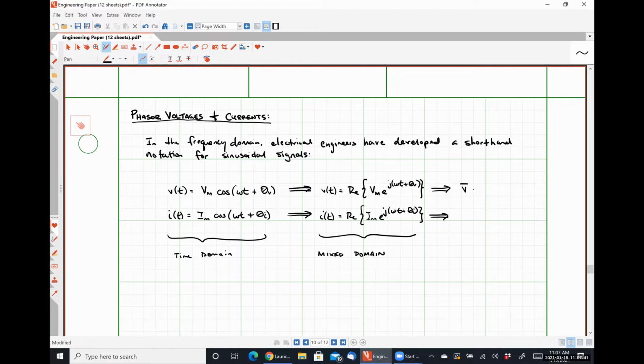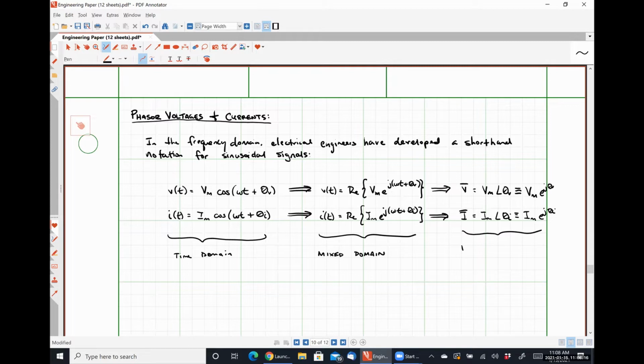Lastly, we can convert into the frequency domain by taking our mixed domain representation and defining a phasor voltage V as Vm angle theta V, which is identically equal to Vm e to the j theta V. And we can define a phasor current as Im angle theta I, which is identically equal to the complex number Im e to the j theta I. So to convert, sorry, let me write this down.